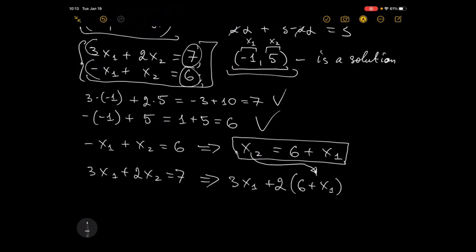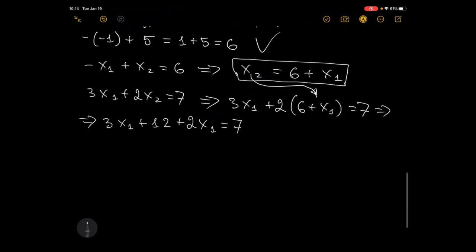So I just substituted this, right? Equals to 7. So from here I can get 3x1 plus 12 plus 2x1 equals to 7. Or I can write as 5x1 equals to 7 minus 12 equals to what? -5, right?